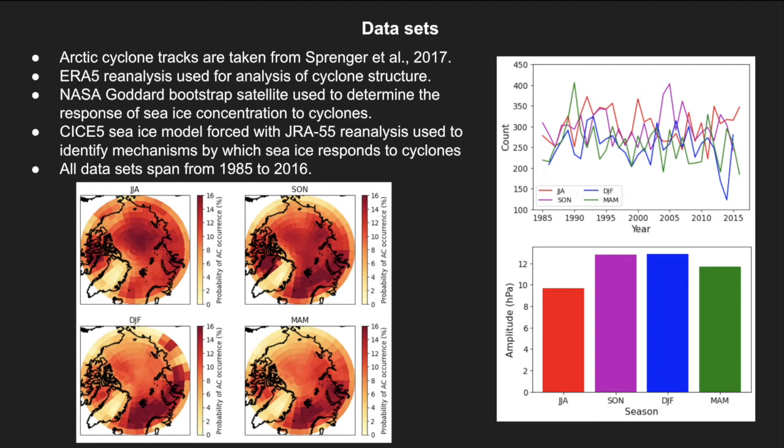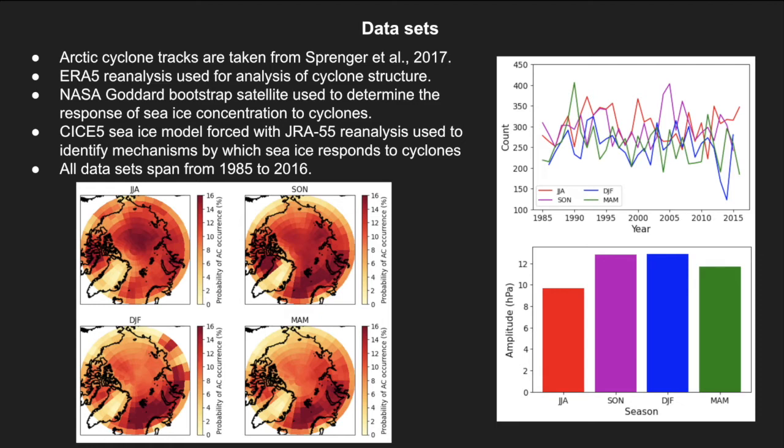So we don't use every cyclone in the Spreng et al. 2017 data set, and that's because there's a lot of very weak cyclones in there, which we'd expect to not have much effect at all on Arctic sea ice. So instead, we just select the 25% strongest cyclones in each season based on an amplitude threshold, which is what we show here in the bottom right.